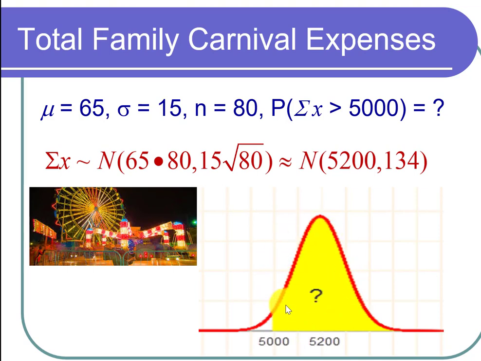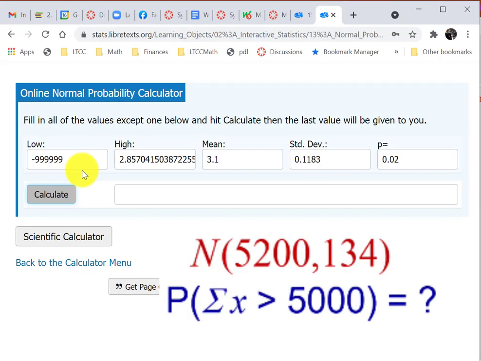So let's go to our calculator. So here's the calculator again. It's the same idea. We're using the central limit theorem. This time, if you remember, the low was 5,000. The high is infinity, or a bunch of nines. The mean for this one was 5,200. The standard deviation was about 134.